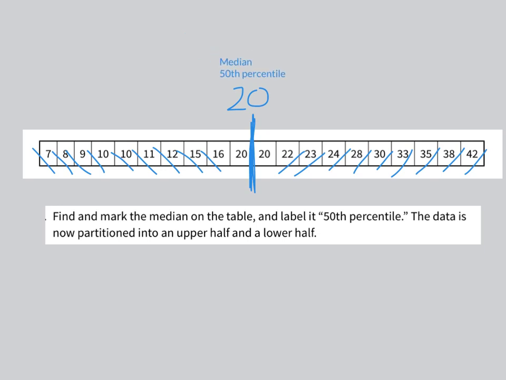So let's put that. That's the median. That's the 50th percentile. What we have now done is we have split the data into 2 halves. The lower half, the lower 50%, and the upper half, the upper 50%. So now let's do some more stuff with this data set.